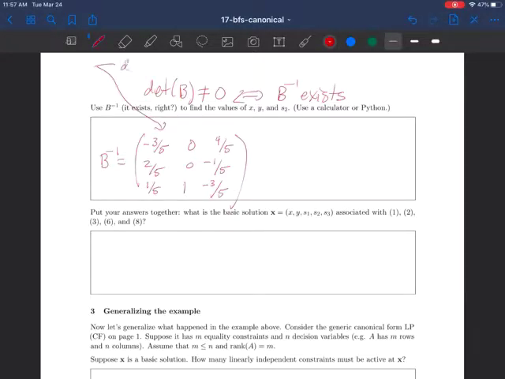Note the common denominator here is the determinant. That's not a coincidence.